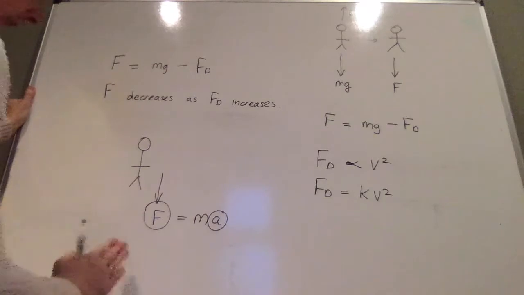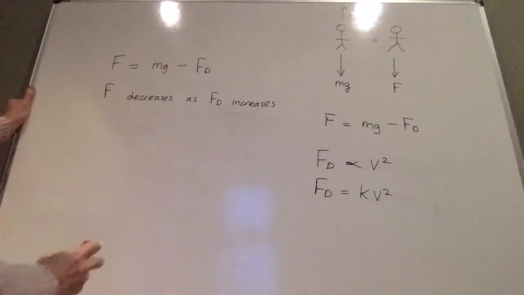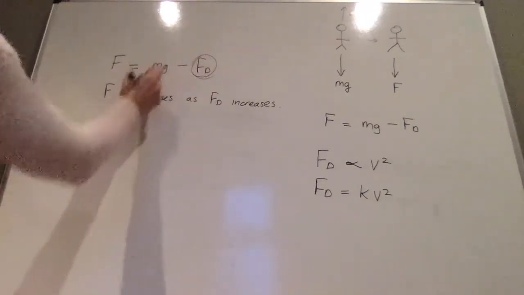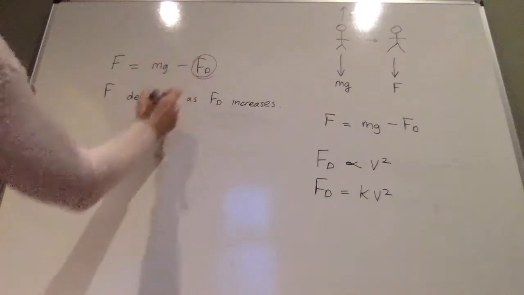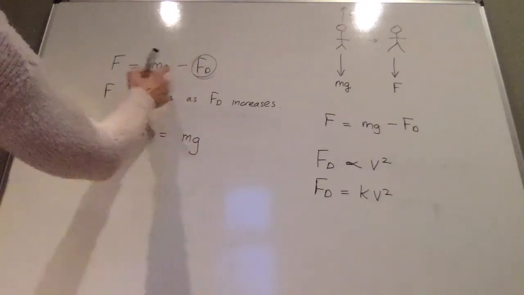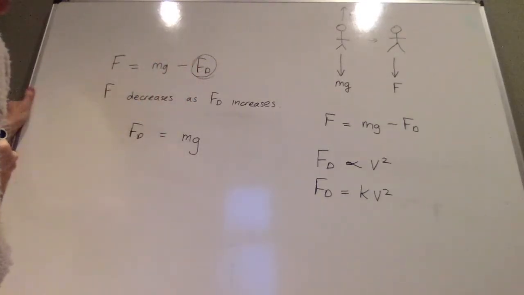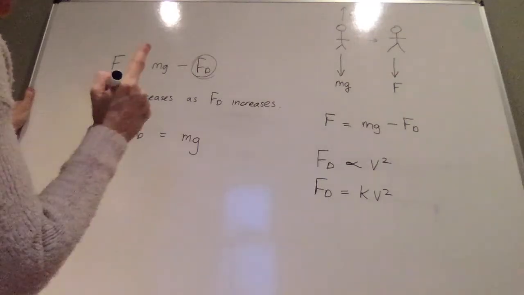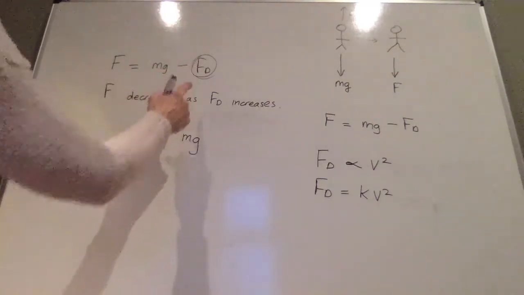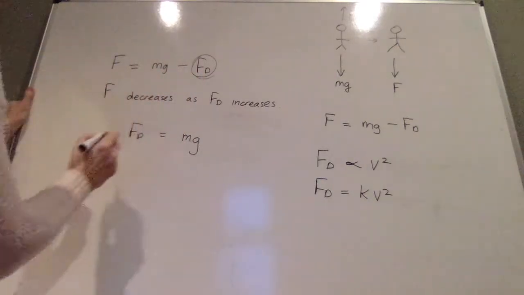Okay? Now, eventually then, a is getting smaller and smaller and smaller. This force is getting bigger and bigger and bigger. And what eventually happens is that when Fd is equal to mg, which it will do because Fd increases as the velocity increases, and the velocity is increasing all the time until Fd reaches the same value as mg. Because what happens then?